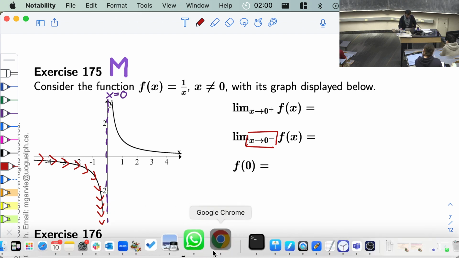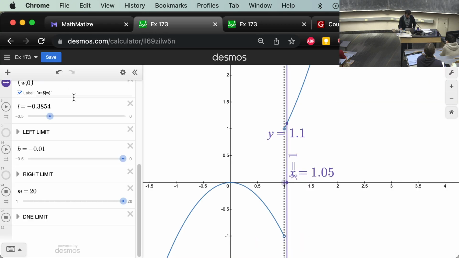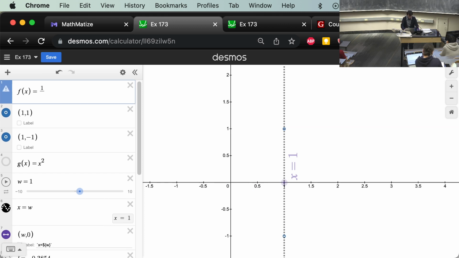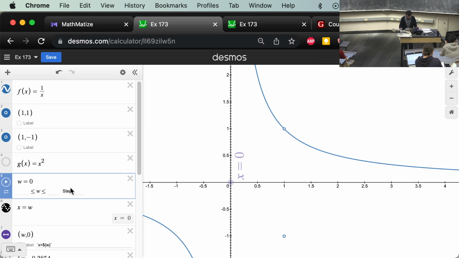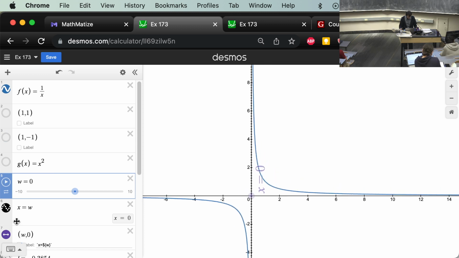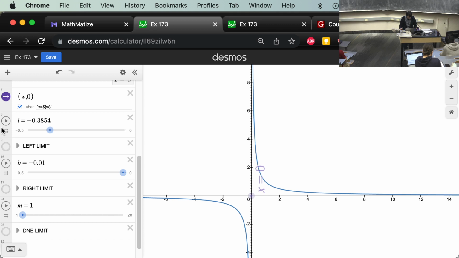Let me do it one time in Desmos too. Let's make the function 1 over x. There's the function. I want to look around x equals 0. There's the dotted line x equals 0. Turn these off. And we'll zoom out a bit. And then we're going to look at the left limit. What do the y values do on this side?